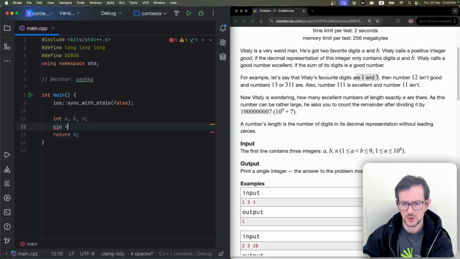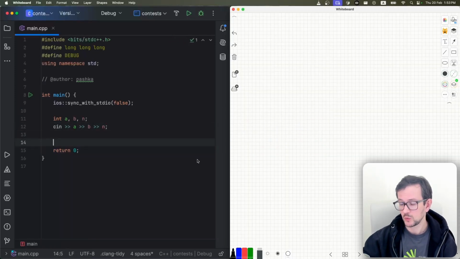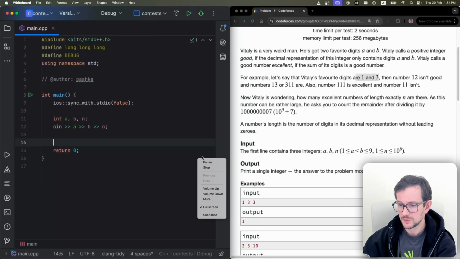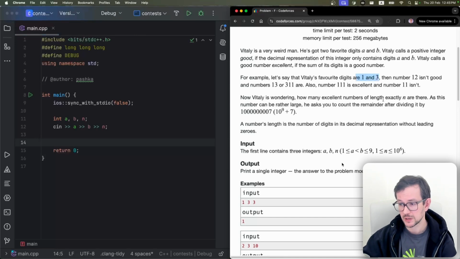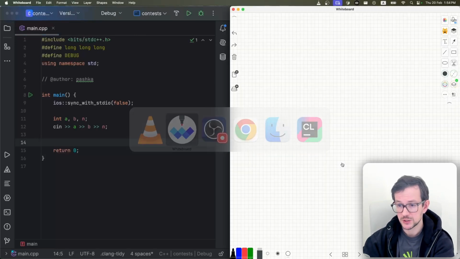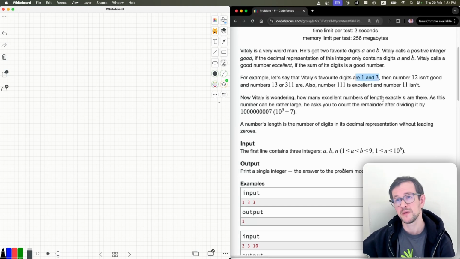I didn't draw any picture, so let me draw it here. So in problem F, we have two digits, and again, pay close attention to the constraints. n is small, n is up to 10 to the power 6. 10 to the power 6 basically means you can make an array of size n, or you can make n iterations.